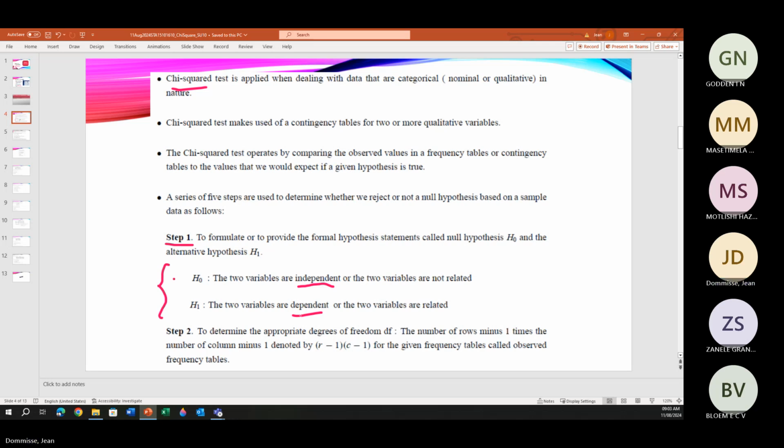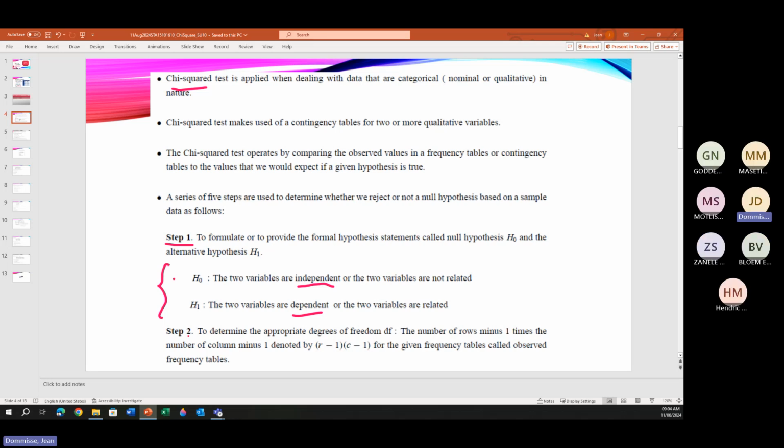So if in a question they tell us H0 is dependent, then we know that statement is wrong. For chi-square, it's always the same. The null hypothesis will be the one testing for independence, and your alternative will be the one testing for dependence. Okay, so that is very important.